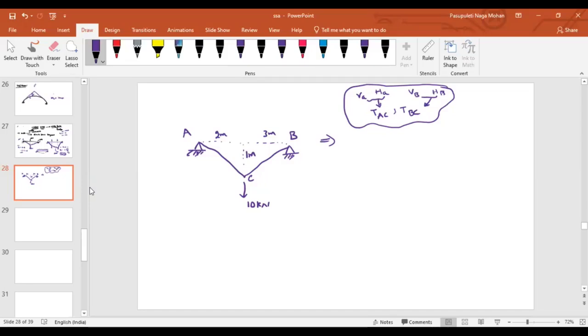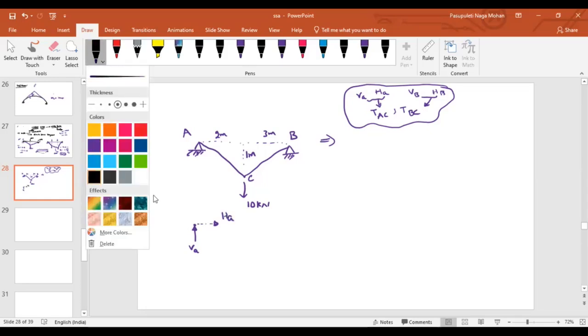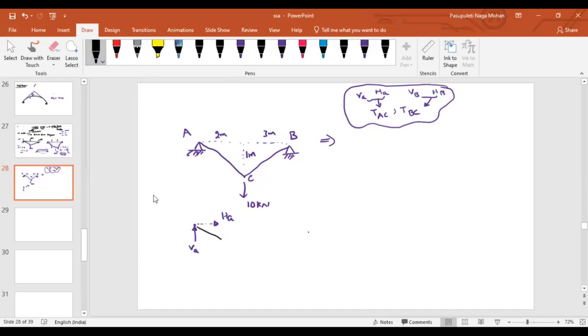If I draw the free body diagram at point A, there might be an unknown vertical reaction, let us say VA, and also an unknown horizontal reaction HA. And what about the cable force? As it is tensile, this was the representation of the tensile force.